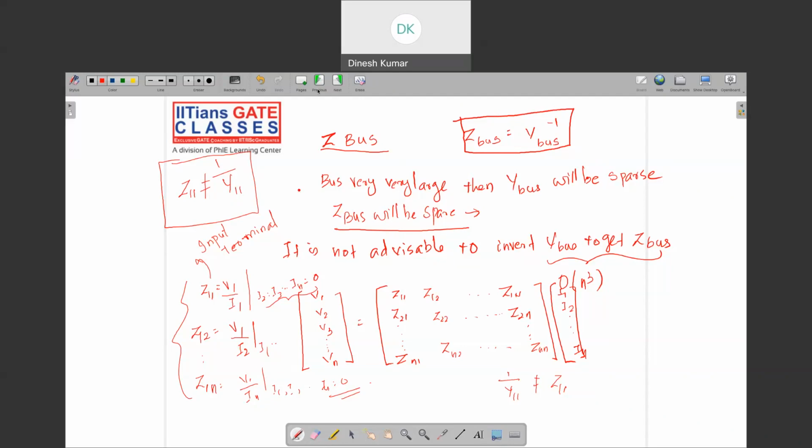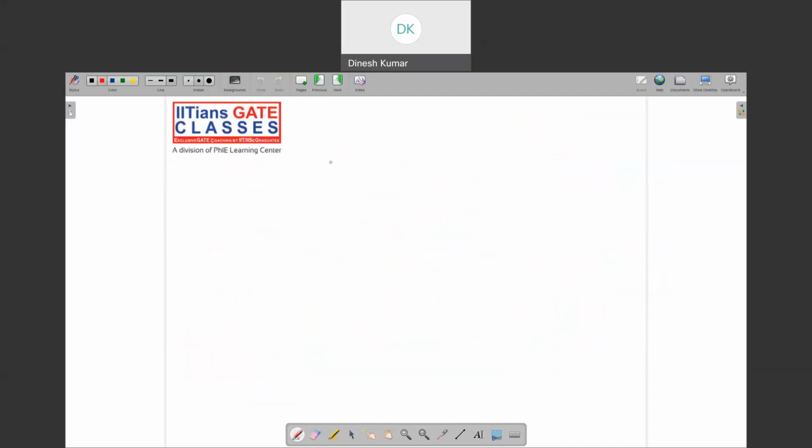Now we can go to the important part, that is known as the Z-bus building algorithm. So what is the Z-bus building algorithm? In the Z-bus building algorithm, we use this algorithm for creating the Z-bus.